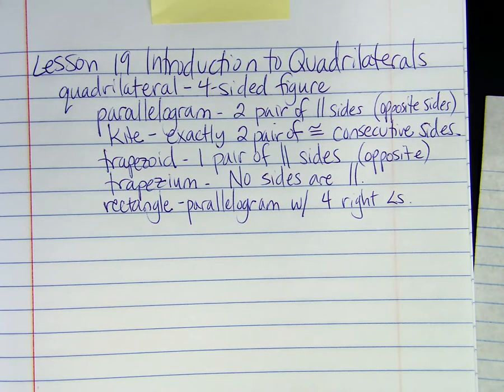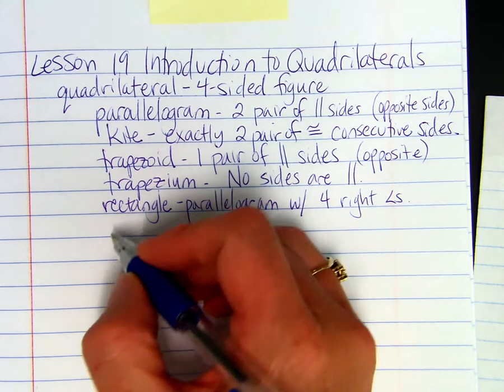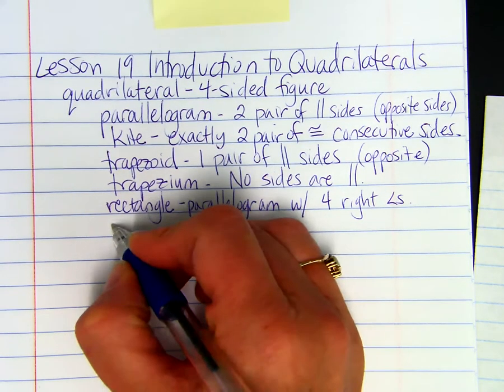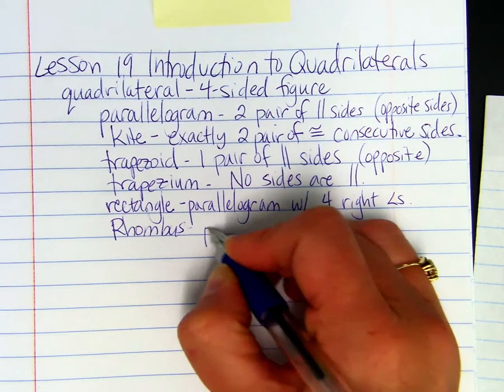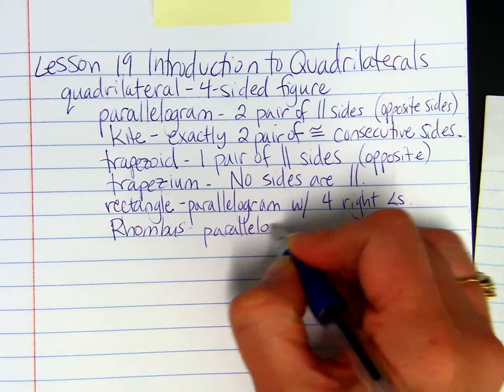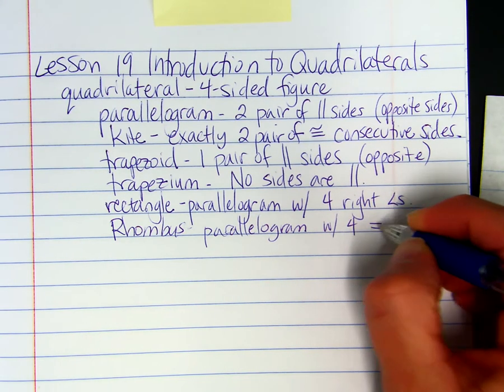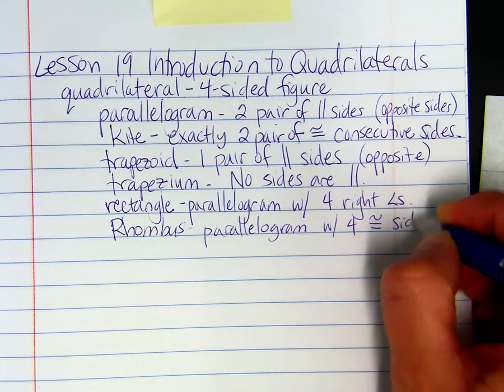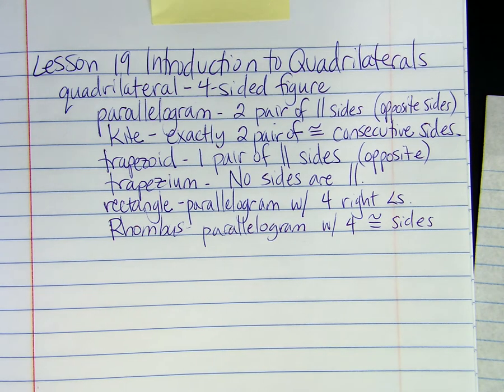Any quadrilateral that's a parallelogram and has four right angles is considered a rectangle. A rhombus is a parallelogram with four congruent sides. So the angles don't have to be right. Just as long as the four sides are congruent, it's considered a rhombus.